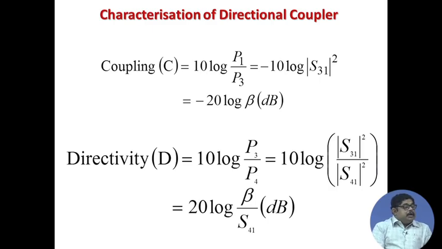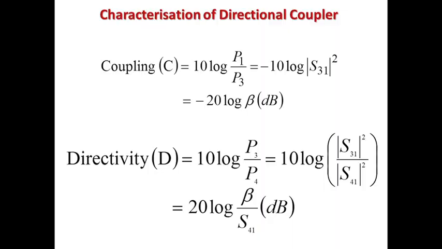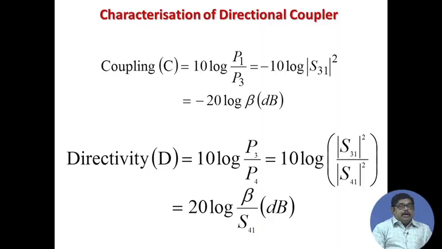Two are here. Coupling is how much of the power you are giving at port 1 is going to port 3. Its definition is 10 log P1 by P3. Remember it is not P3 by P1, because then the log would be negative.